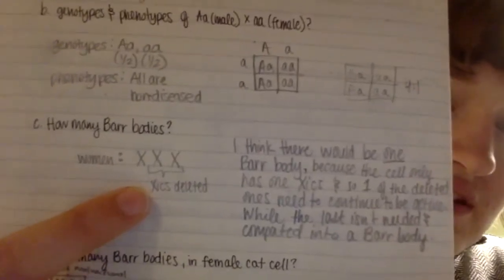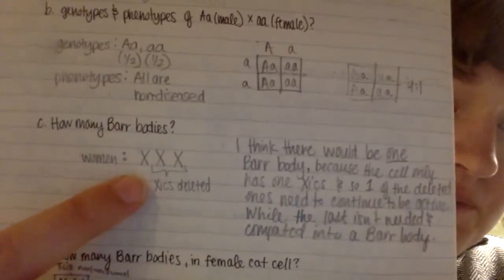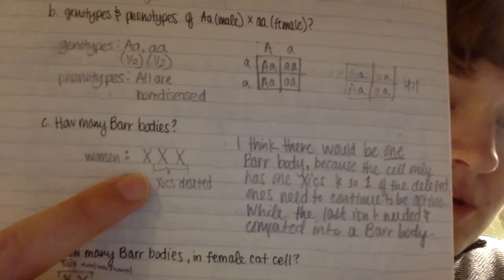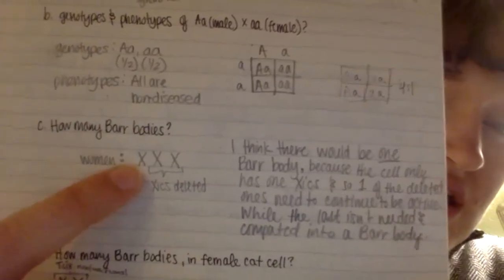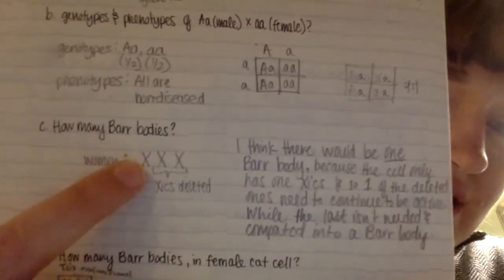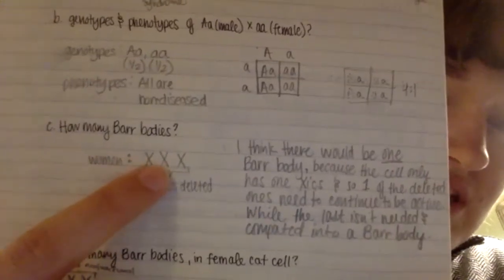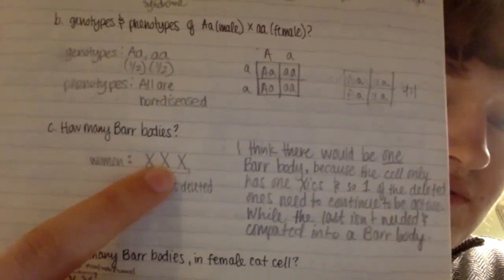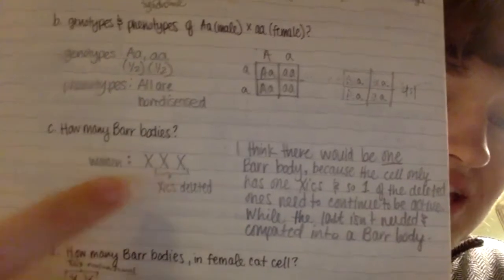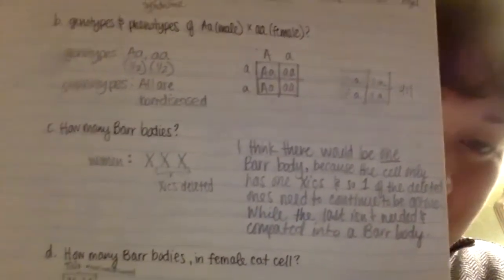What I think is that there'd be 1 bar body, because this one's already active right here. So it needs another one to compact.